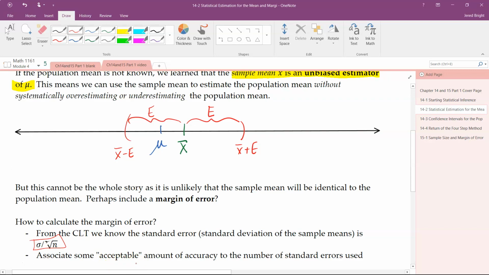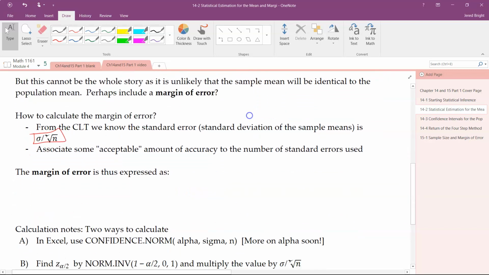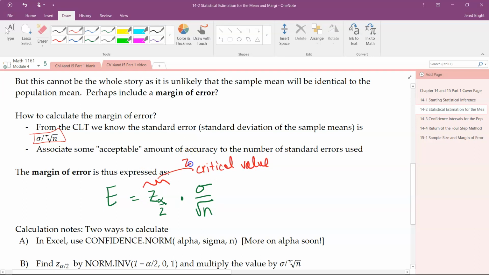When we look at the margin of error, this E value, we say it's the standard error, or the standard deviation of the sample means, times what we call this Z alpha over 2. There isn't really a nice name for this other than I call it the critical value, or a Z critical value.